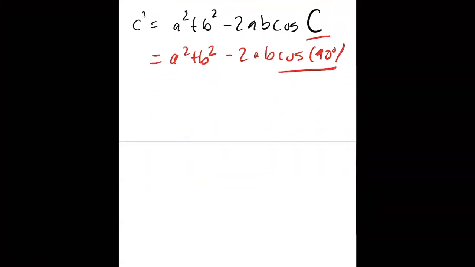So cosine of 90 degrees is just 0, and we get that this is going to be A squared plus B squared. Okay.